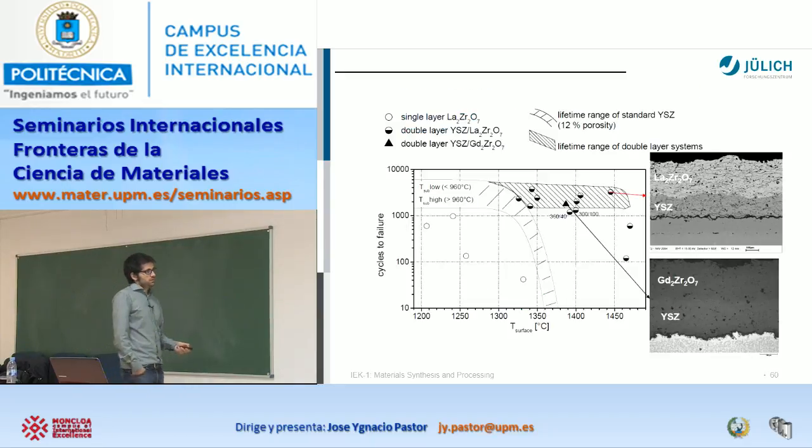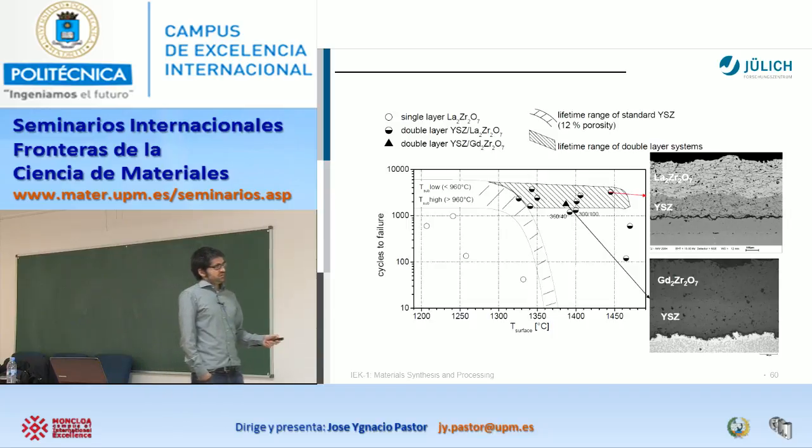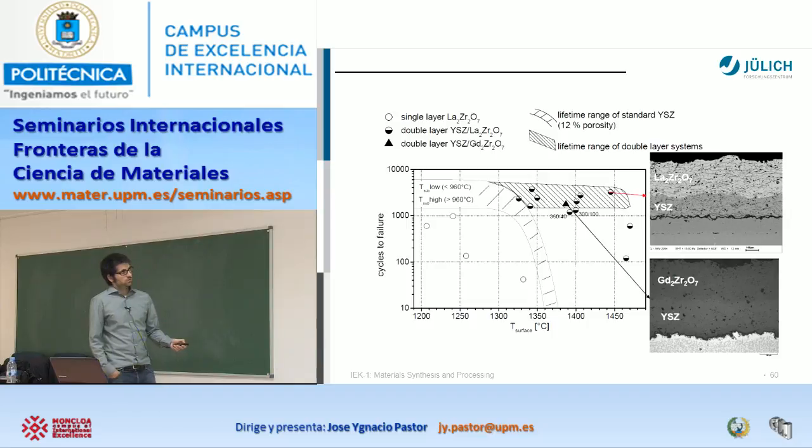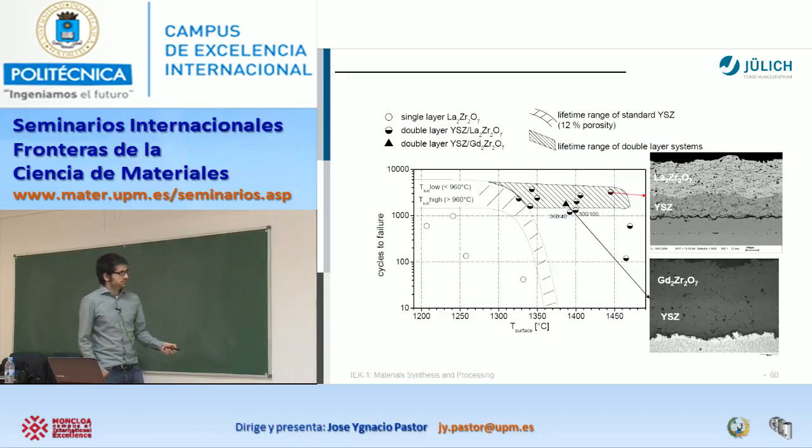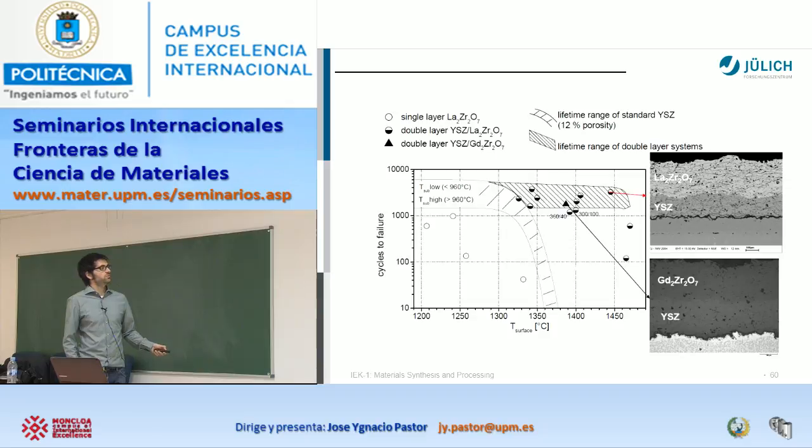With this material we can work at higher temperature, so the idea is, over the substrate, the famous TGO and heterostabilized zirconia, to put another extra layer of lanthanum zirconate, for example. This is shown here: the number of cycles until failure as a function of the temperature. Of course, at lower temperatures you can achieve more cycles.